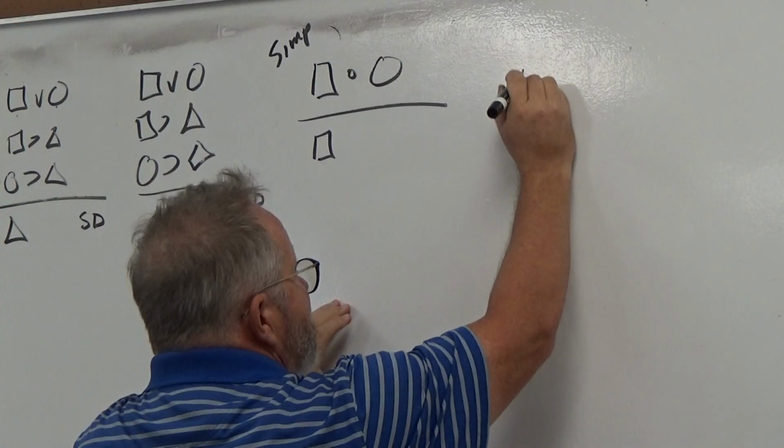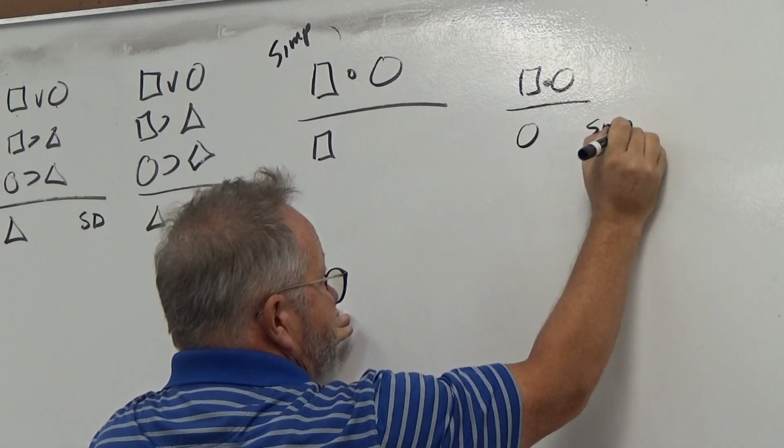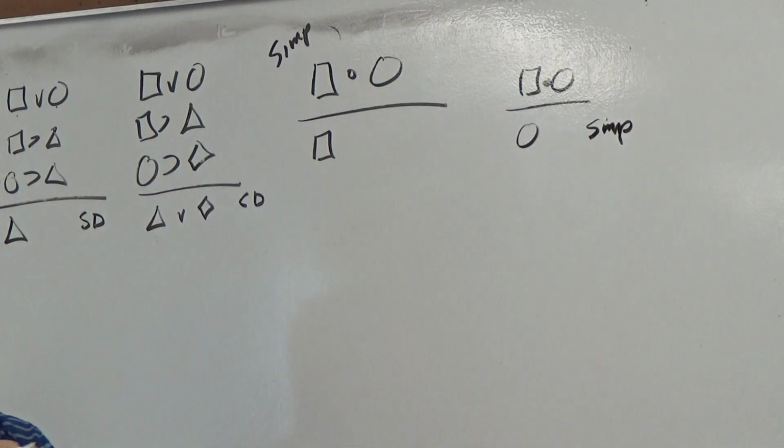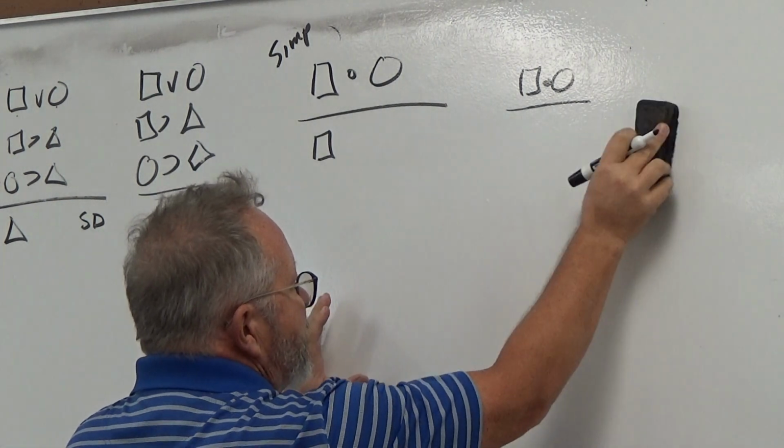So I cannot do this, box and circle, therefore circle by simplification. Yes, that is logically valid, but no, it doesn't follow our rules. Does everybody understand that? Our rule says if you have a conjunction, you get the first conjunct, okay? So if you wanted to get the circle, you should be able to, but well, this is what you would have to do.